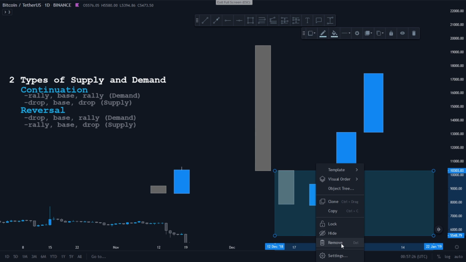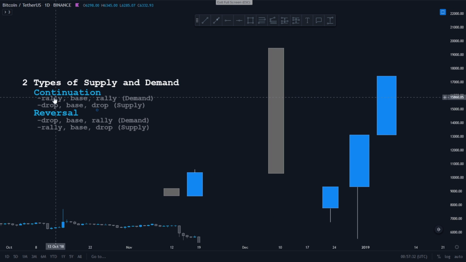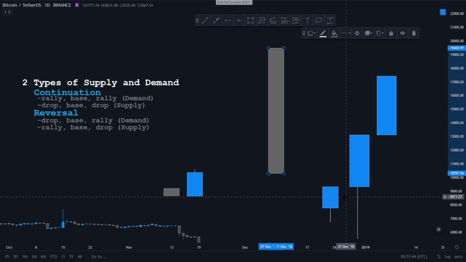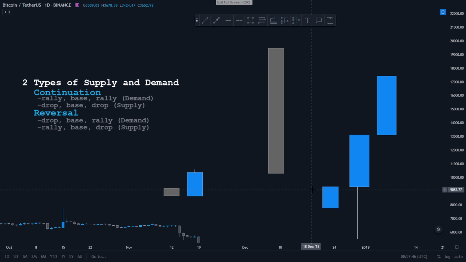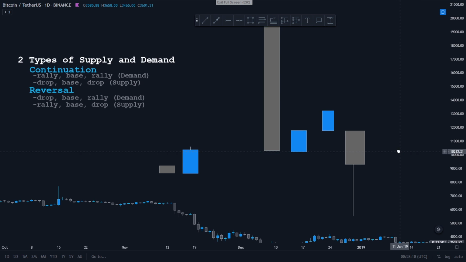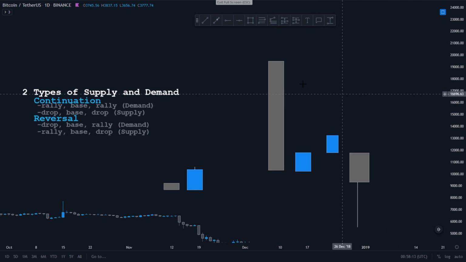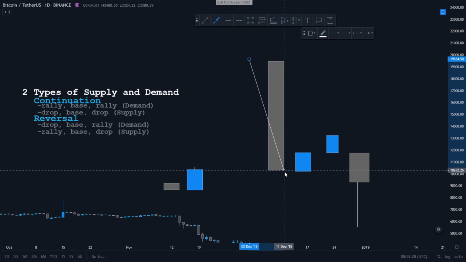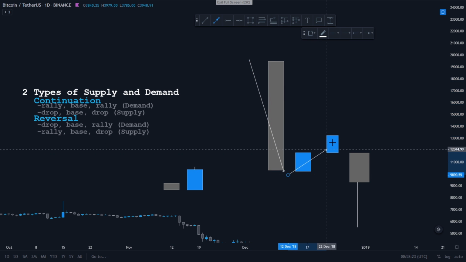So what I've explained to you so far is rally, base, rally. Drop, base, drop, supply. Okay, let's say we have a drop, base, drop. Let me show you that. So in this case, you would have a drop, a base, and a drop, which makes a lower low, okay? You have the low here, the base, and the drop.